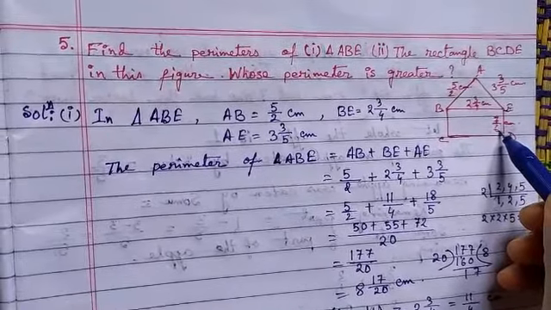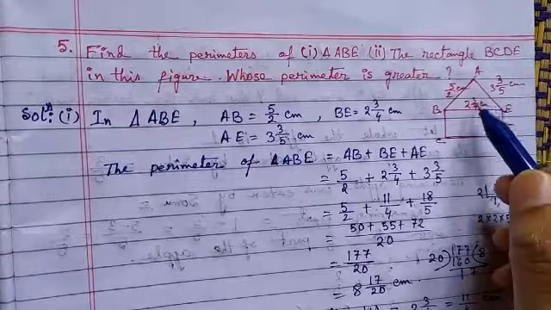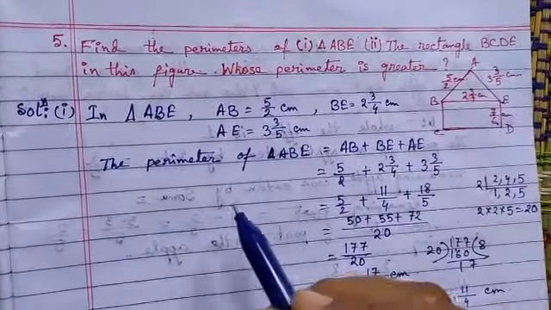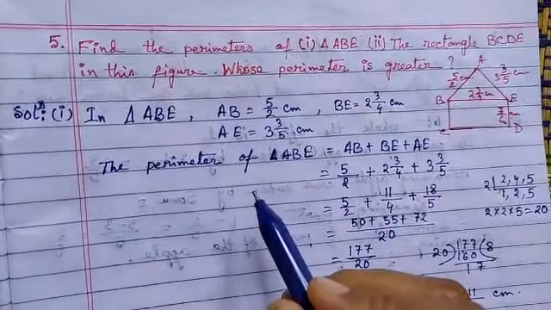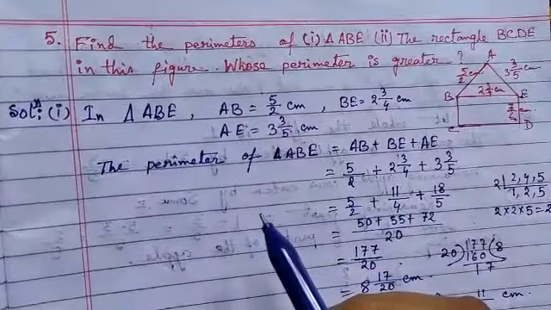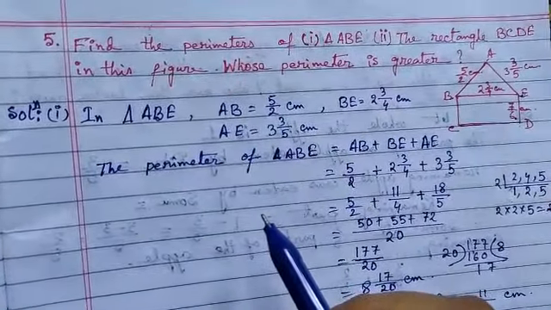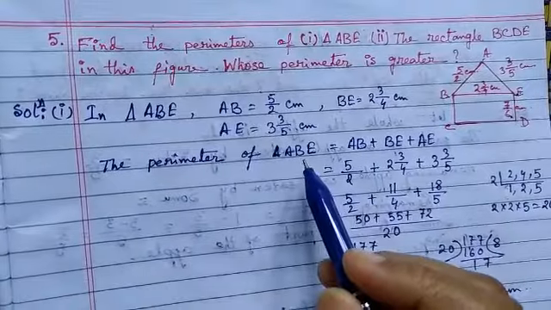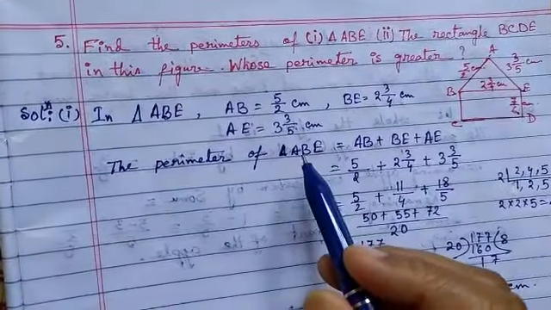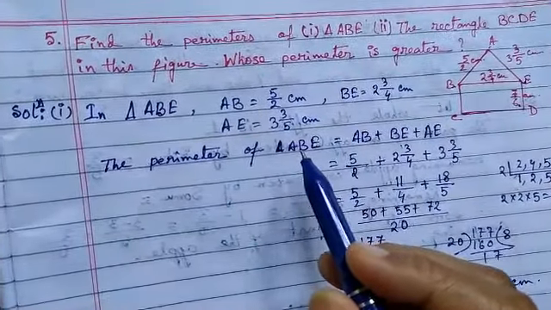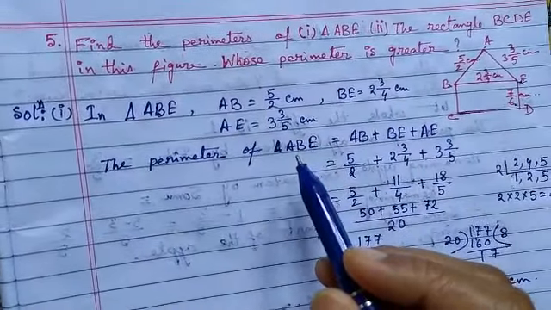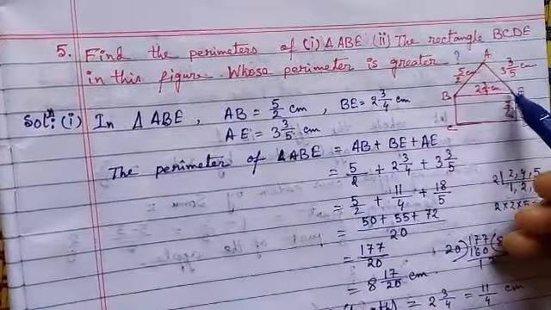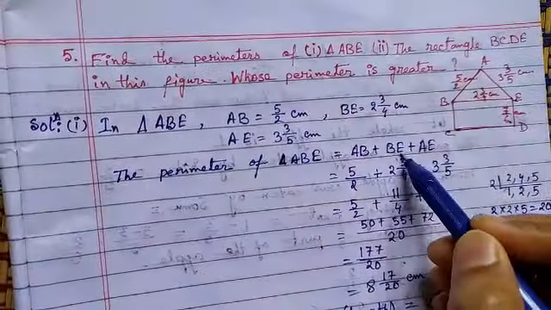So first we have to find out triangle ABE perimeter. What is the perimeter of the triangle? That means the sum of all the sides. That is the perimeter of the triangle. Perimeter means actually the boundary length, the total length of the boundary. This is the boundary. So AB plus BE plus AE.